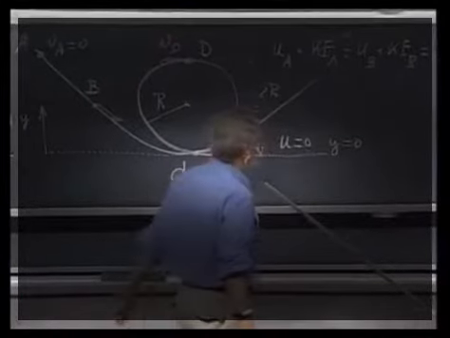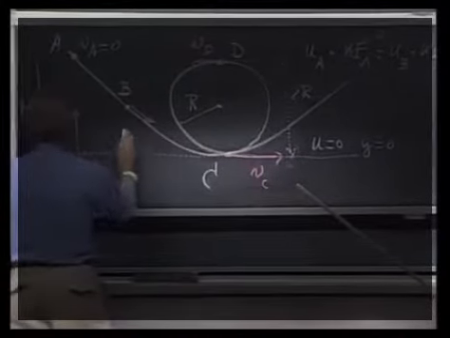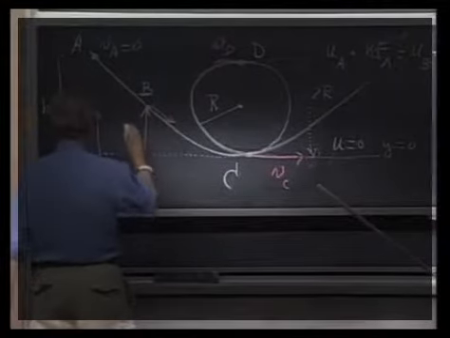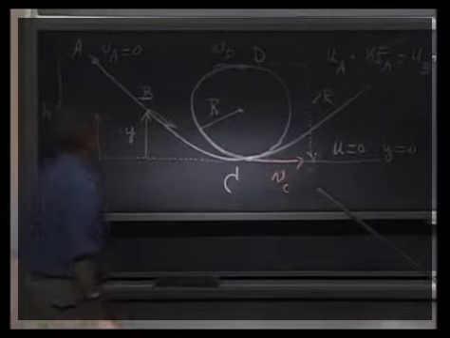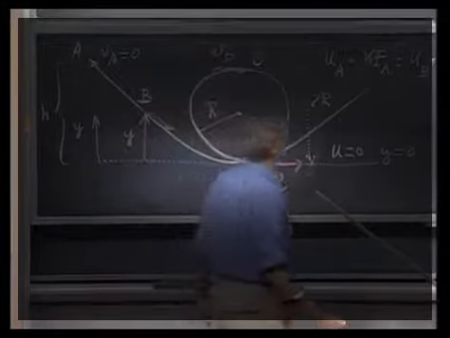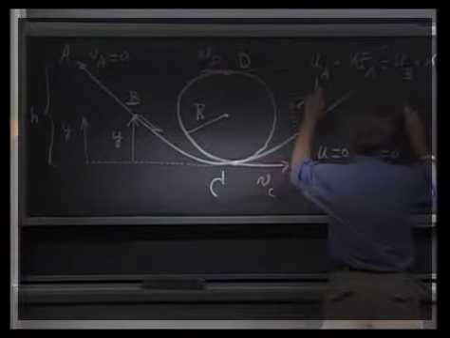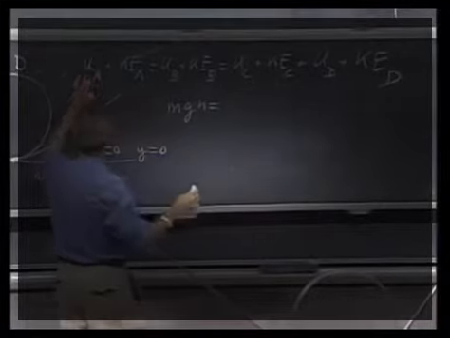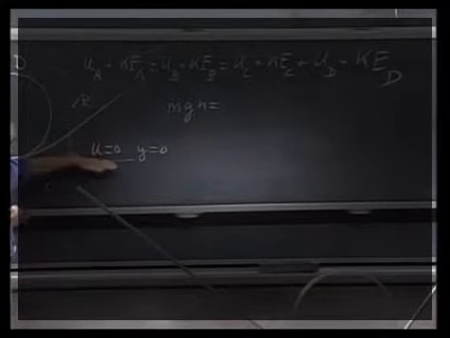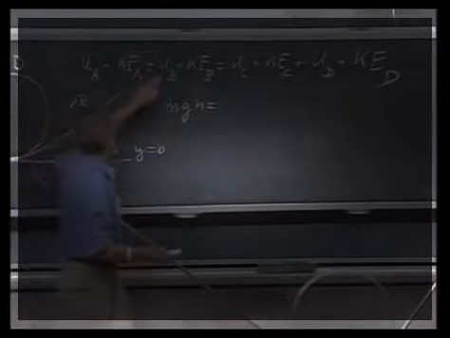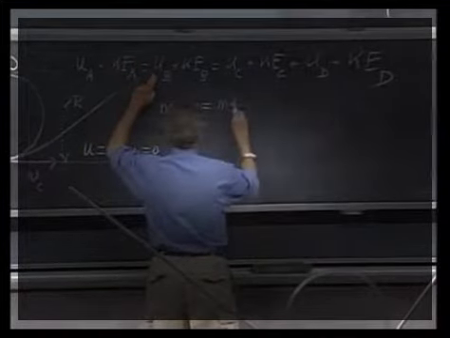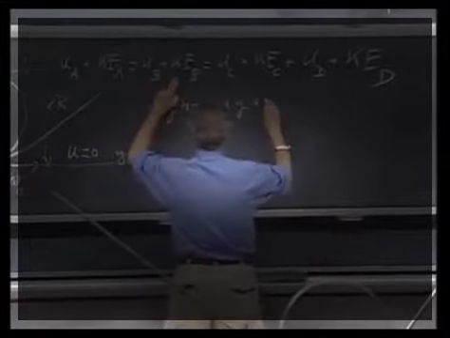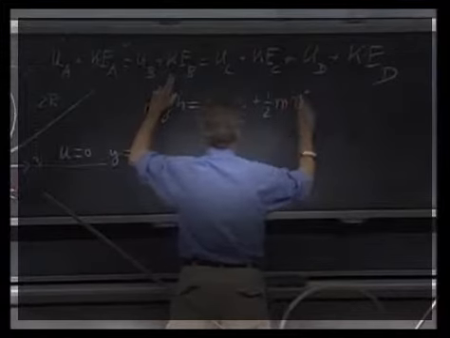And so now I can write this in general terms of y. Take this point B, think of that being at a location y above the 0 line. Then I can write down now that U_A, which is mgh, that was a given when I started, that was all the energy I had, that was my total mechanical energy, if I call this U0, which is a free choice I have, equals U of B, which is now mgy, plus 1/2 mv squared at that position y.